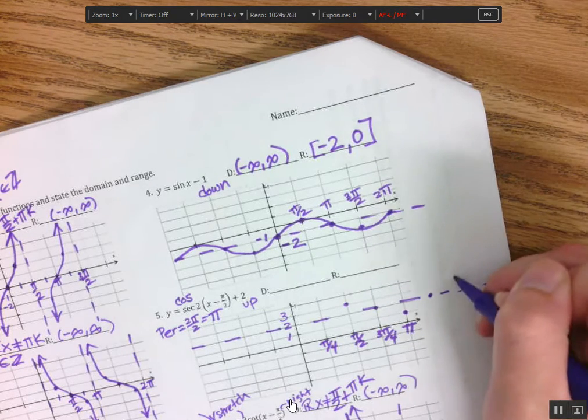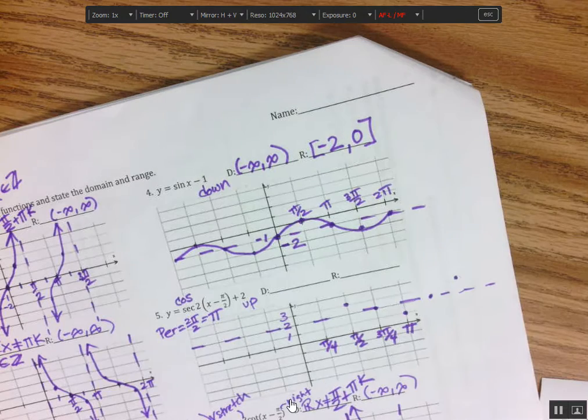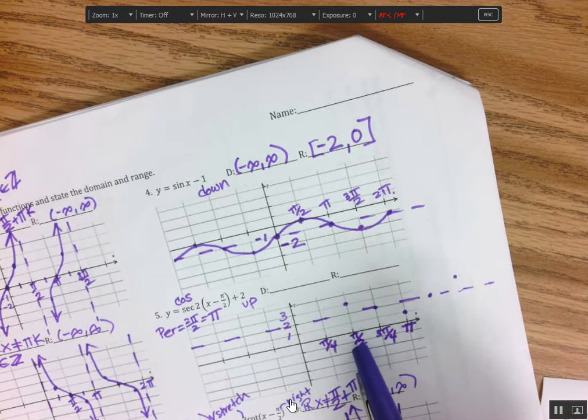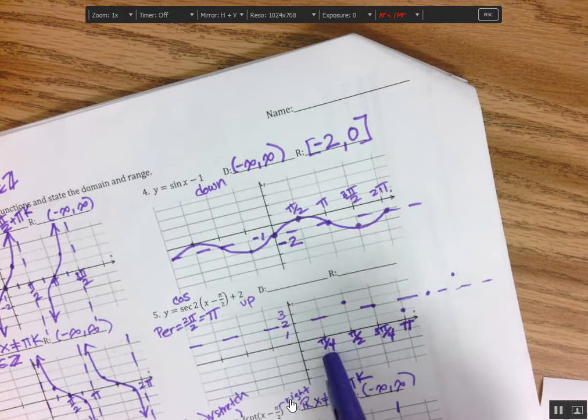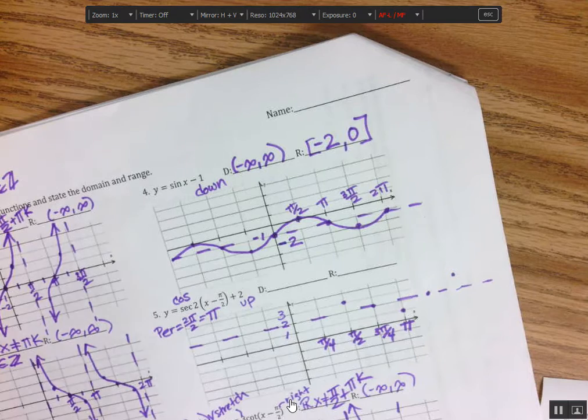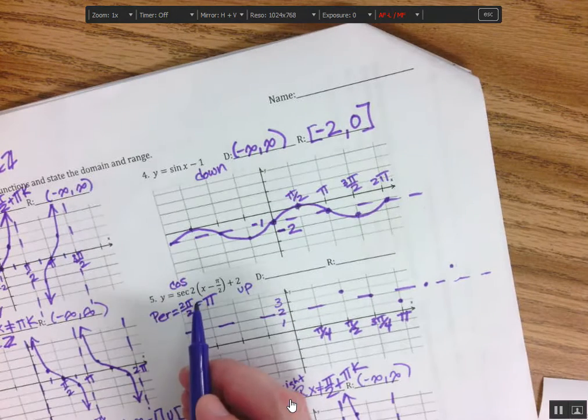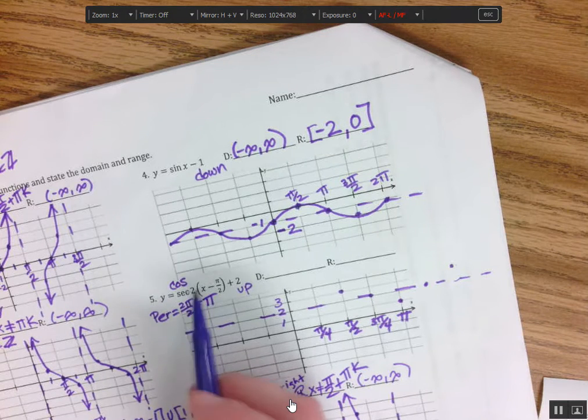Did you do like pi 2, pi 3, pi 2, and 2 pi without the thing? No, so because the period is pi, I put pi on the 4th line. And then I cut that in half. I put pi over 2 halfway, and then I put pi over 4 on the 1st line, and so my 3rd line is 3 pi over 4. But how do you know the period is pi? So you take the number in front of the x, and you do 2 pi divided by that number. 2 pi over b.